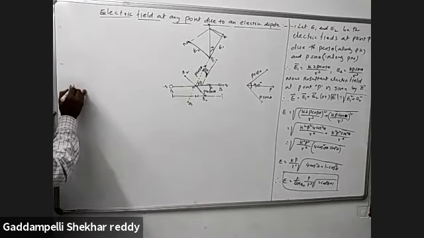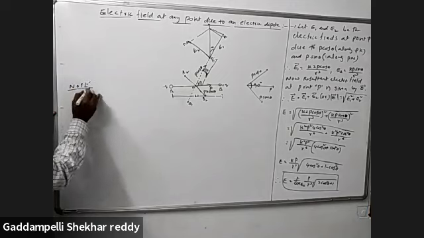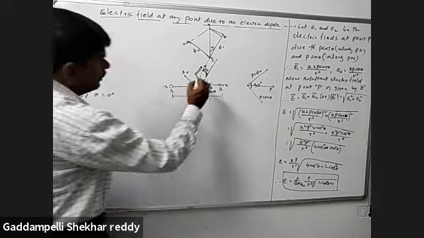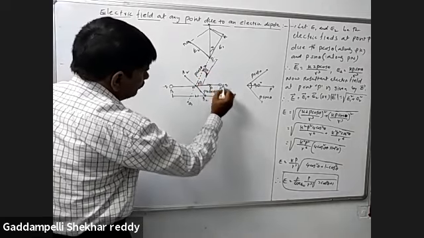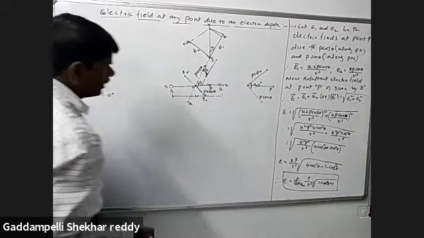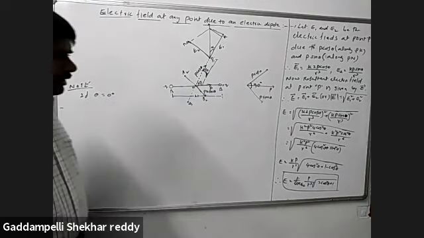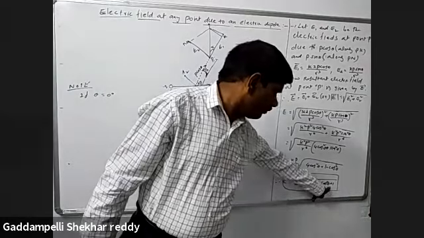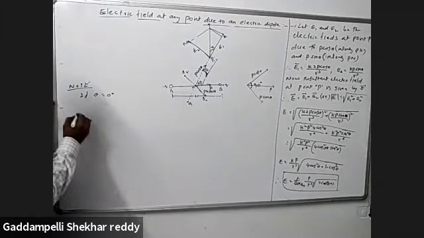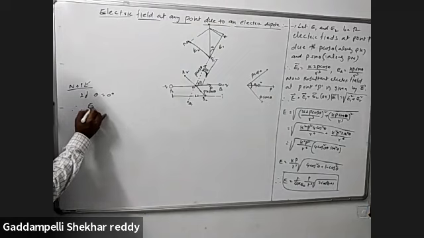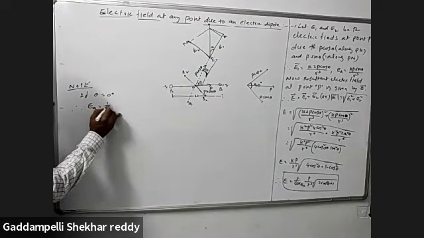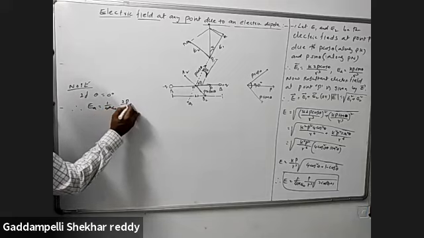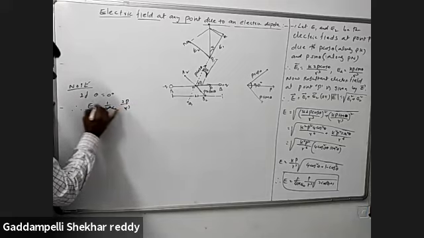You should remember, if theta is 0 degrees, the point P moves down and coincides with the axial line. Cos 0 is 1, so 3 plus 1 is 4, and E is 1 upon 4 pi epsilon naught 2P by R cube.